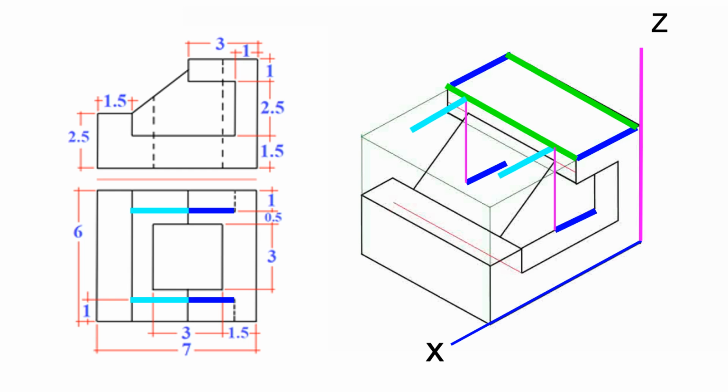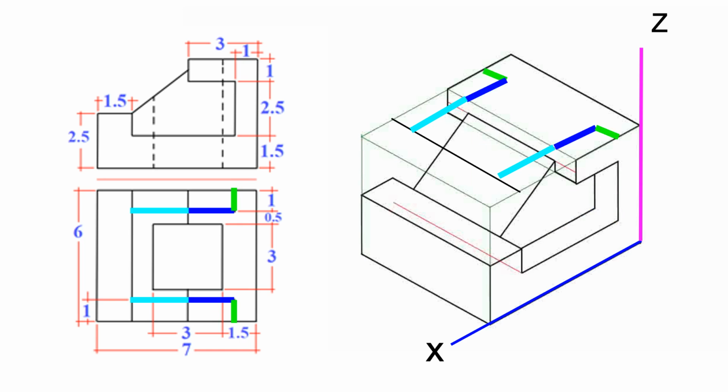Also, there's a 1 unit hidden line along Y. So what does that mean? It means part of feature M is shielded from the top view. We must show that in our isometric drawing using hidden lines where appropriate.